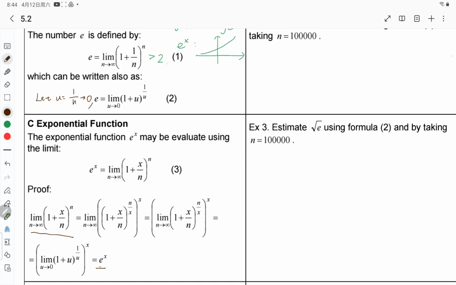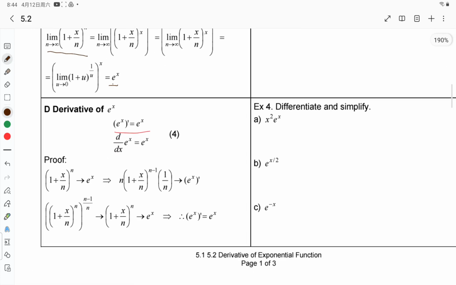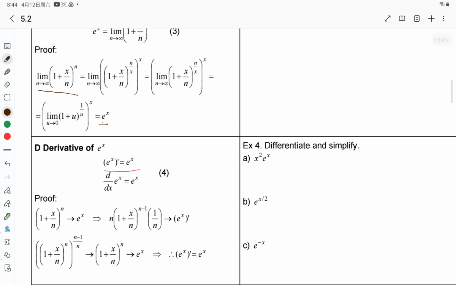And then using the same formula here, it's a proof giving you that the derivative of e to the x is e to the x. But again, I think it's fine. We don't have to remember this proof.